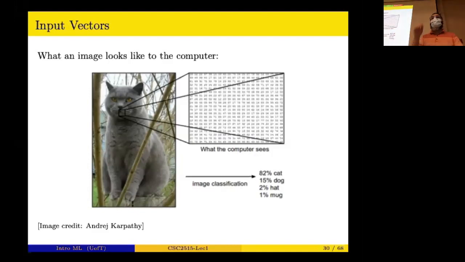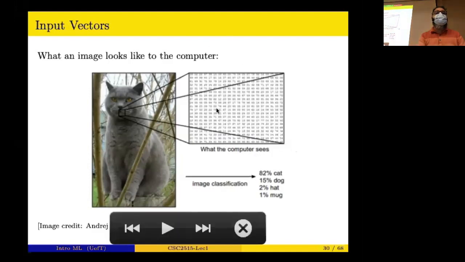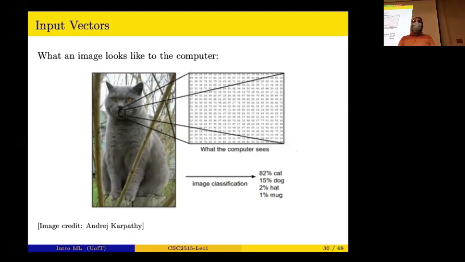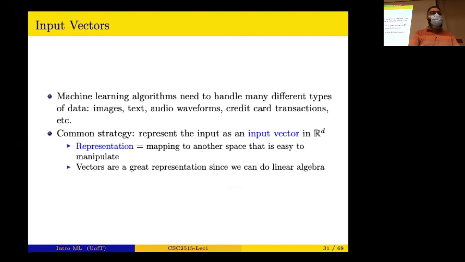If you have, say, a 100 by 100 pixel image, you will get a matrix like this, 100 by 100, and each element of that matrix would be the RGB value. Or if it's a grayscale image, it would be just a grayscale value.